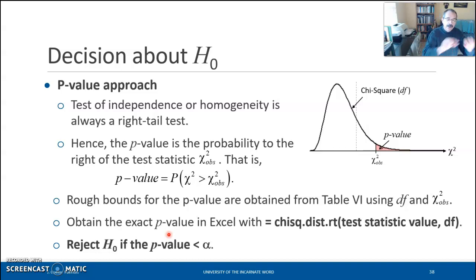You do that by looking at the row of the degrees of freedom of this distribution and finding within which values the observed chi-square is. That's the value of the test statistic that we calculated. Now, if you want to find the exact p-value, you can use this formula in Excel and you will find the exact p-value. And the rule to reject the null hypothesis is the same as before. If the p-value is smaller than alpha, we reject the null hypothesis.